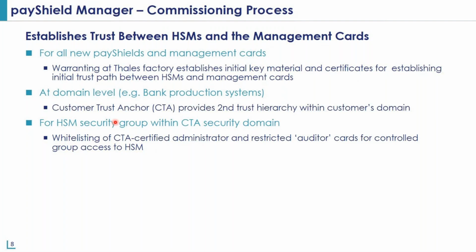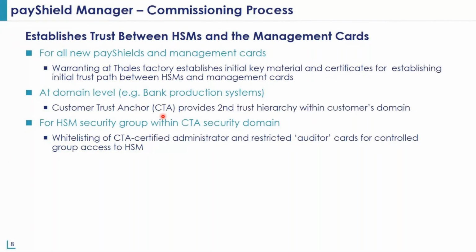That trust is secured with the help of CTA, Customer Trust Anchor. CTA is nothing but your public and private key pair. Every HSM will have a public and a private key pair. You have your smart card, you will sign your smart cards with the private key, and the public key will be stored on the management card.